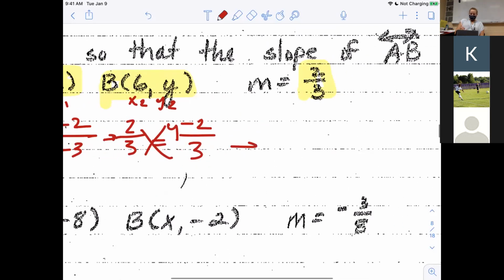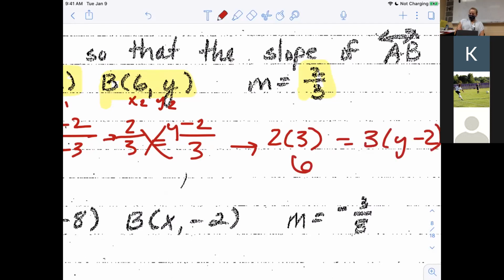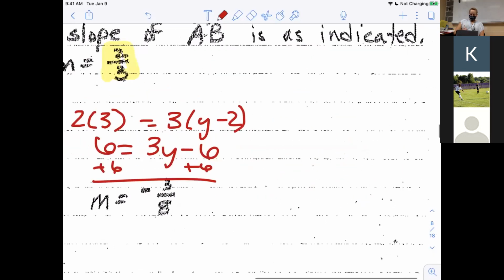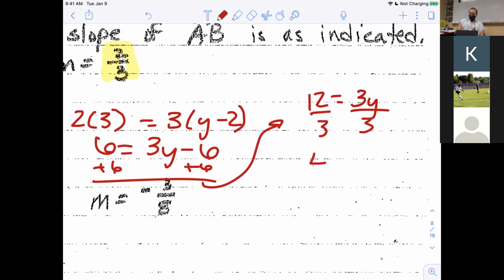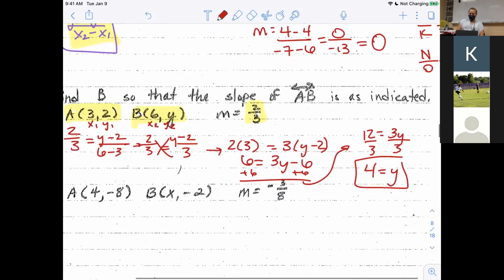So I cross multiply and I get 2 times 3 equals 3 times Y minus 2. 6 equals 3Y minus 6. Add 6. This is a very narrow space. I'm running out of space. 12 equals 3Y. Divide by 3. Y equals 4. Just simple solving.